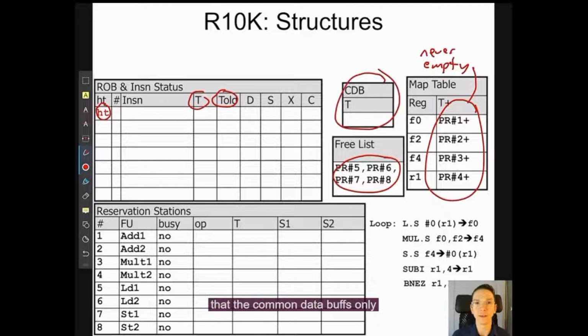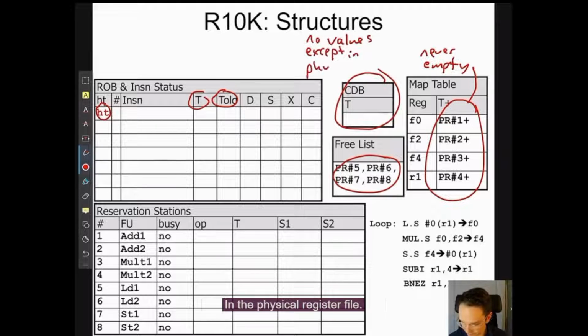only broadcasts the tag when an instruction reaches the complete stage. And that is, as we saw in the last video, because no values exist anywhere in the processor except in the physical register file. When an instruction reaches the complete stage, it writes to its output physical register directly.